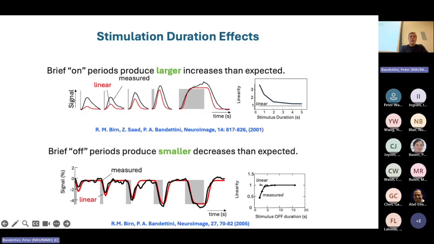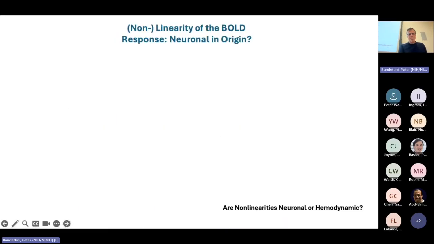It actually is a superlinear system when you're trying to turn it off briefly. To the best of my knowledge, these mechanisms have not really fully been investigated, even though it's been about 21 years since that was looked at carefully.